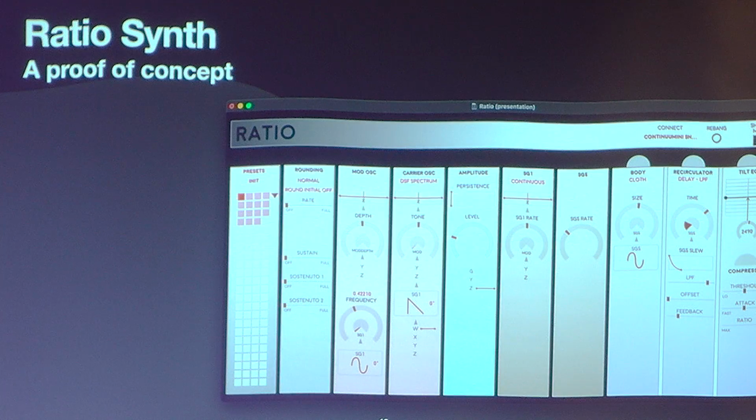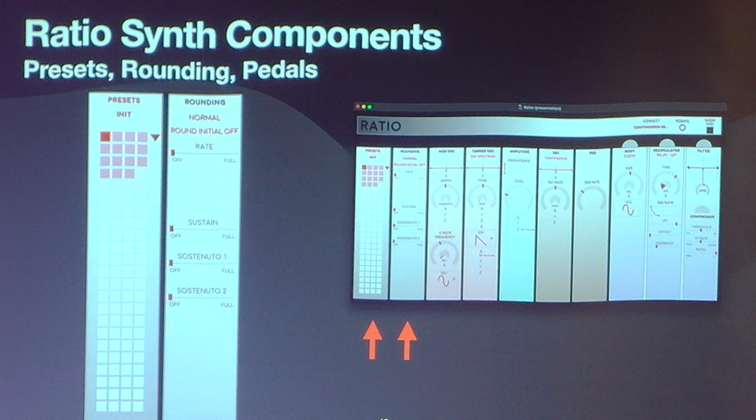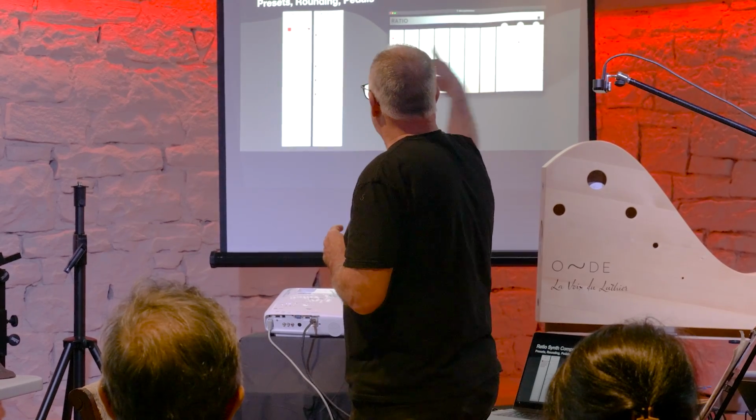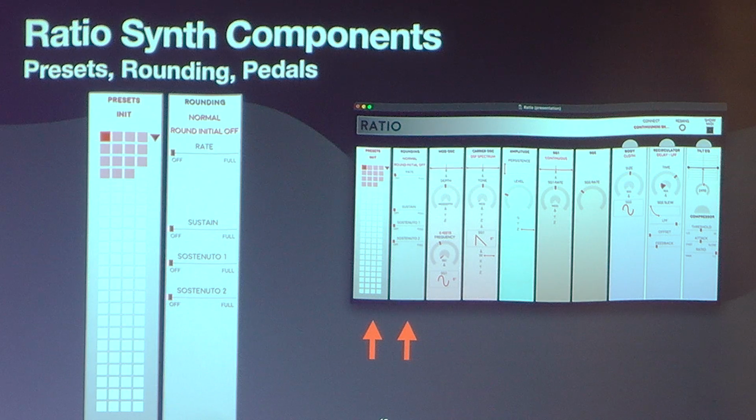Okay, so the very first part here, if you just look at it from the left hand to the right hand side, I have a preset bank. In this prototype, well, it's kind of finished really, but on a certain level. But if I was to do this and have more time, I would just continue to tweak it and add more things.